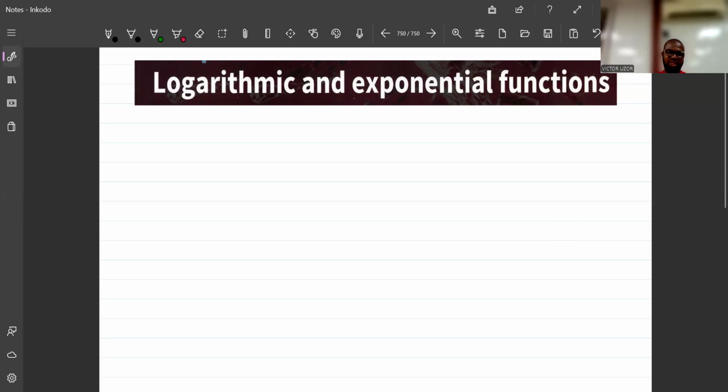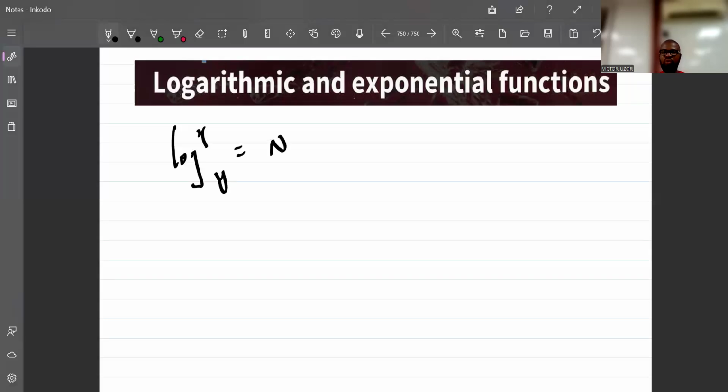Now, logarithm. When you have something like log x base y is equal to n, what it actually means is y raised to power n is equal to x.